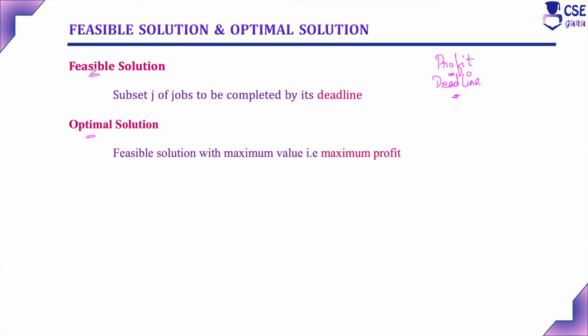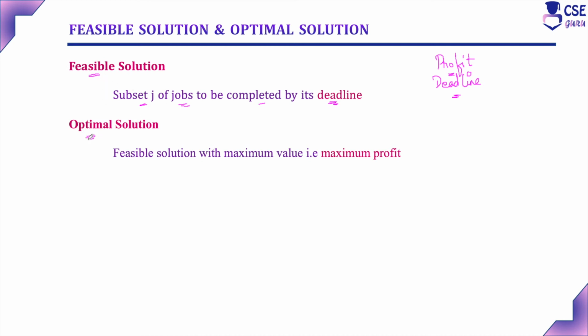And if you are considering the feasible solution, it means a subset of jobs to be completed within their deadline. So if a job is completed within its deadline, we can add it to the subset, and that subset provides the feasible solution. So any job, if it is completed within its deadline, we can consider to provide the feasible solution.